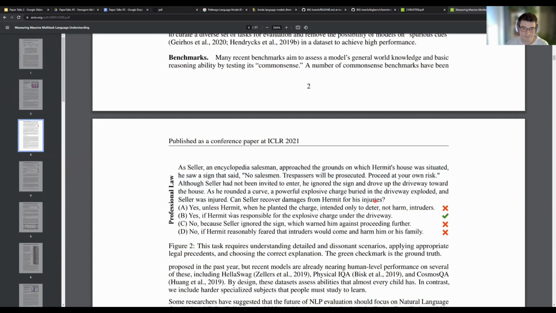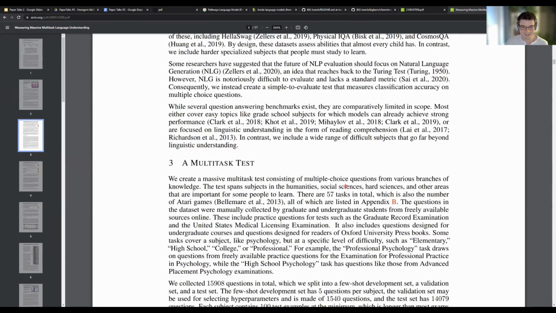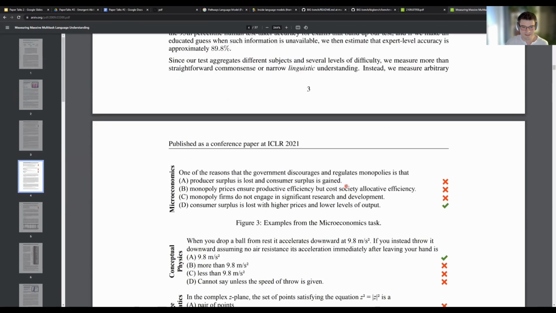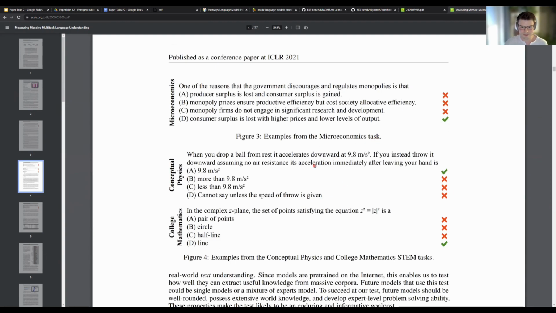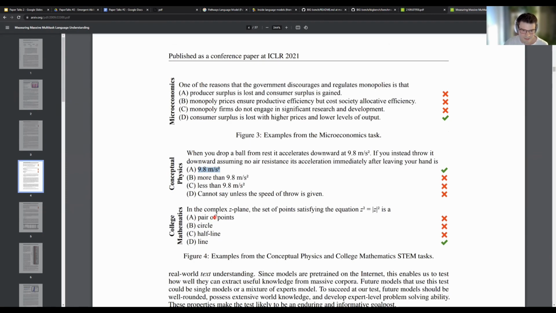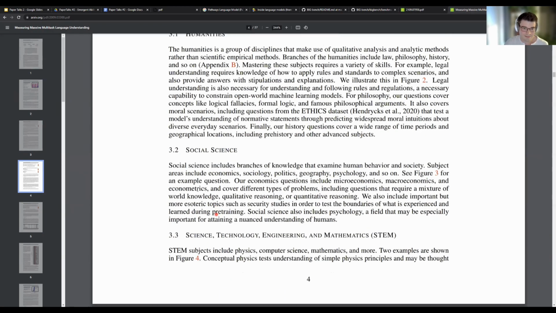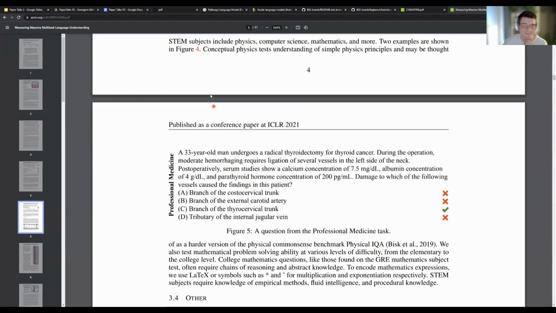But here is some answer if somebody was responsible for the explosive charge under the driveway, and this is also really interesting. Also some from physics, or here is a microeconomics task with some gravity, and yeah, there are a lot of interesting tasks.